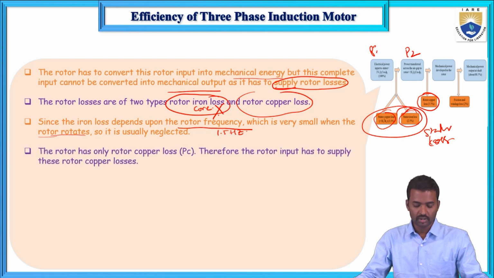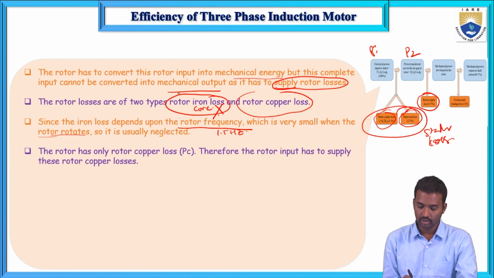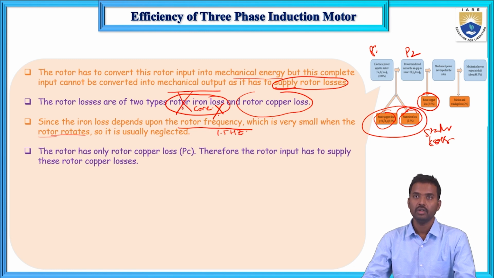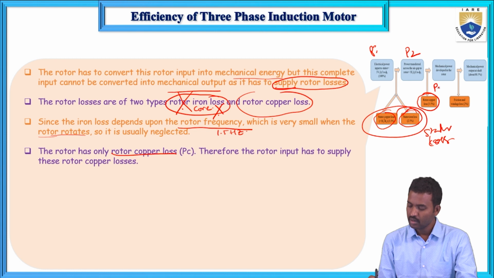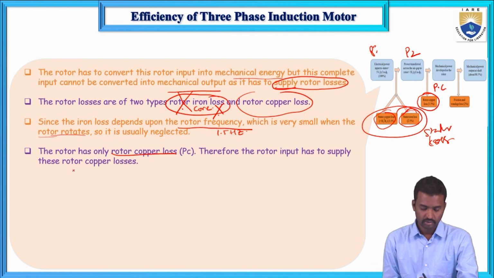Now the rotor iron loss is a negligible value, so don't consider it. Here it has only rotor copper losses. This is the PC, and the rotor input has to supply the rotor copper losses.